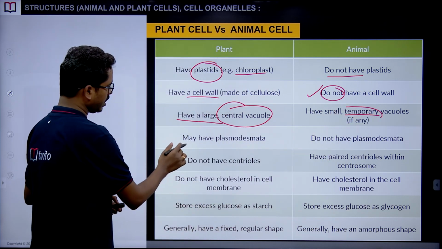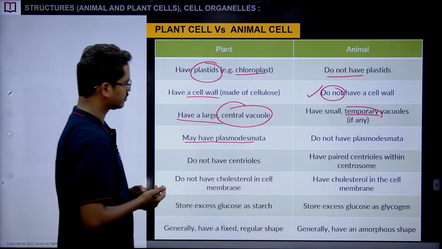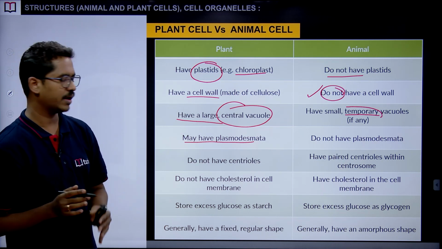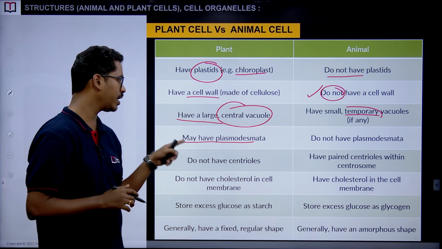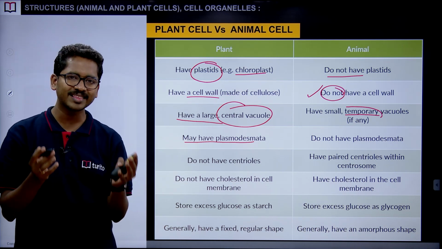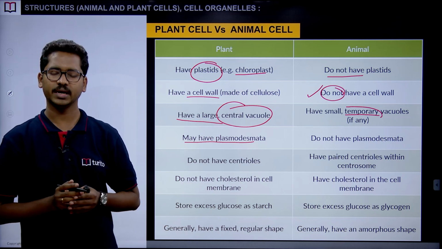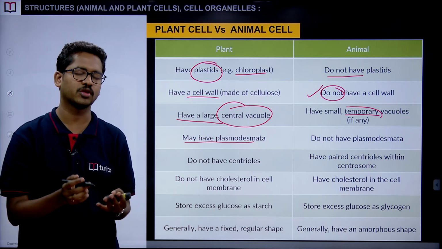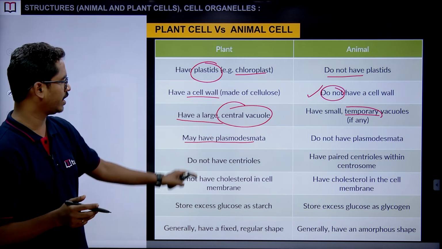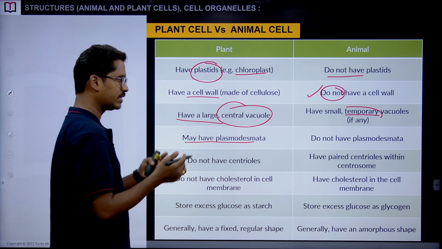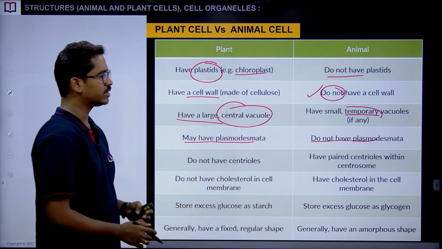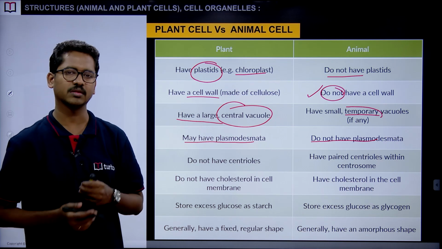Now, "may have" plasmodesmata. We have seen the presence of plasmodesmata, but here it is mentioned as "may have", in the sense that not all the cells of plants must have plasmodesmata. Only in the regions where it is highly required will you find plasmodesmata, and that direct connection between cell to cell is absent in animal cells.